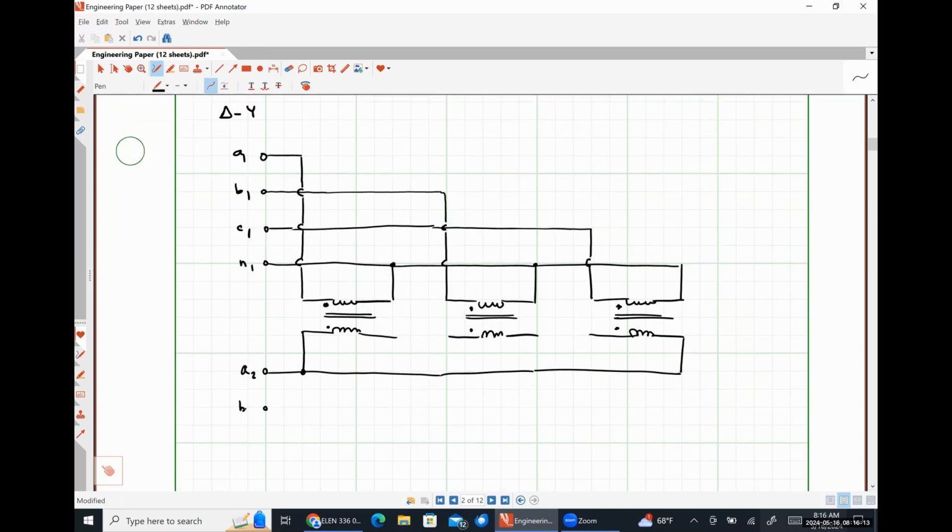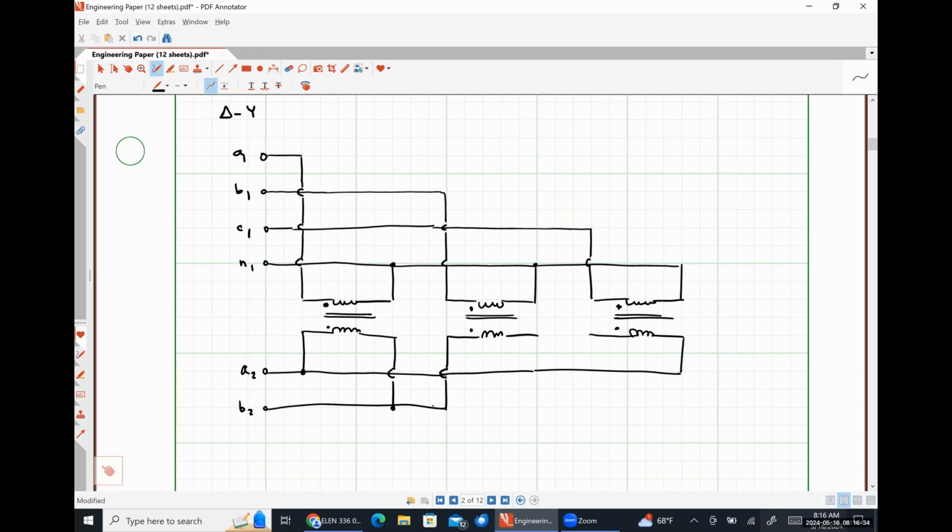For my B phase, I'm going to tie this leg of this coil to my B phase, and this leg of this coil also to my B phase. So here's my B phase connection.